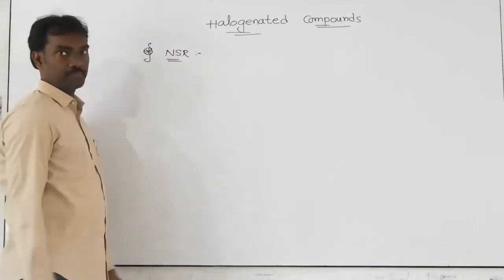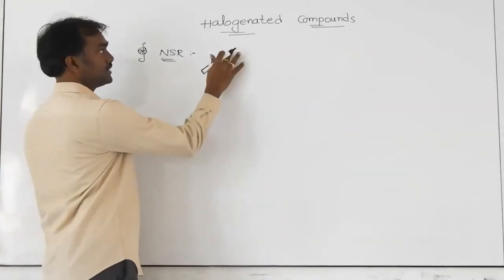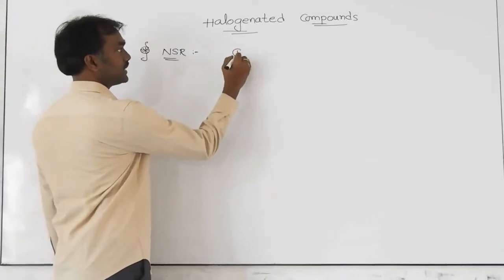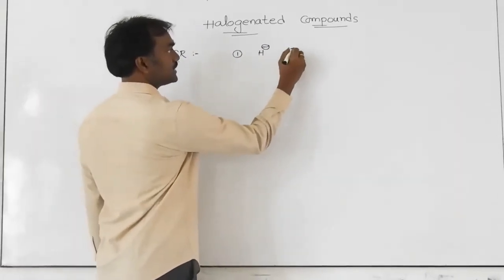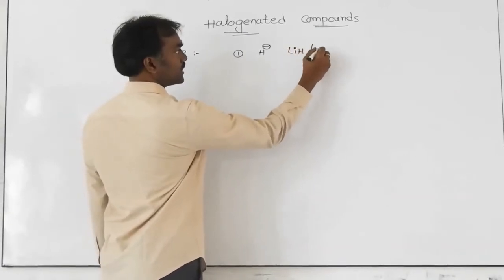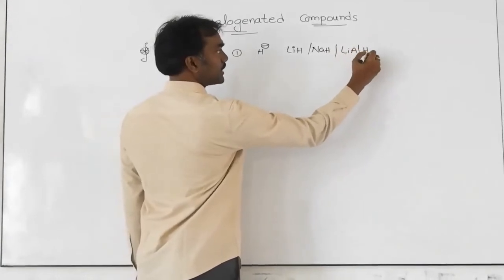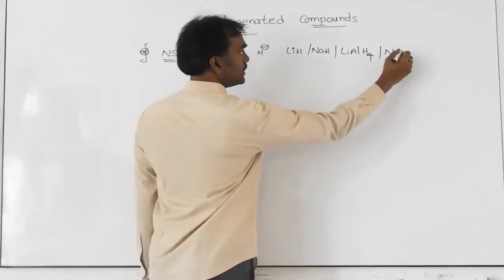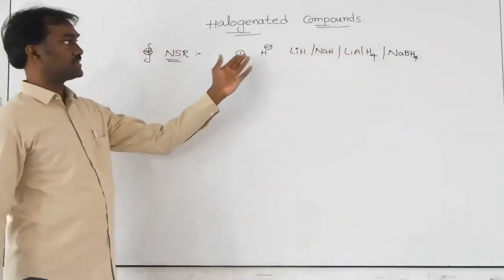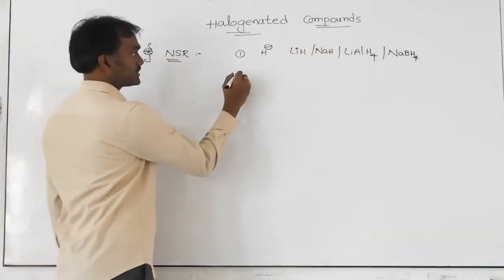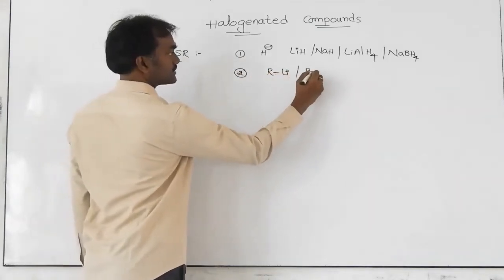We have seen some compounds already, those supplying H minus: lithium hydride, sodium hydride, lithium aluminium hydride, or NaBH4. All these compounds supply H minus. Next, second, RLi and RMgX.